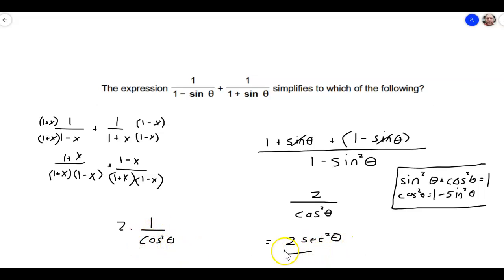So this is what that whole thing is equal to. We should have some option down there that says 2 secant squared of theta. So 2 secant squared of theta is also equal to this whole big thing there.